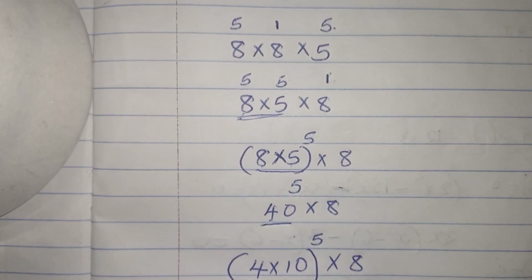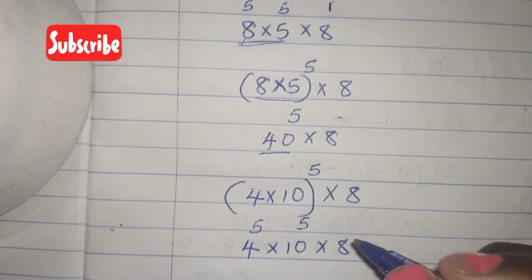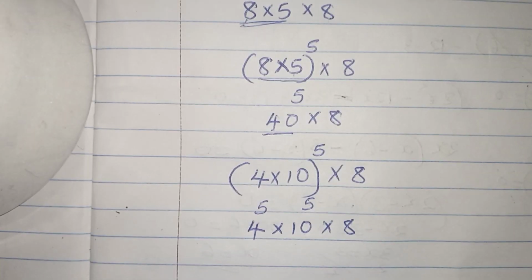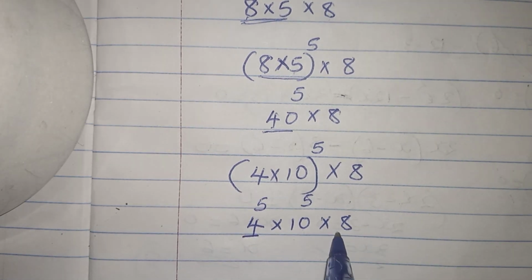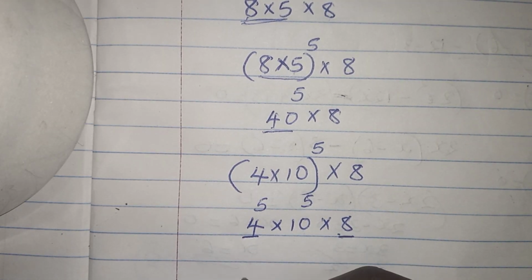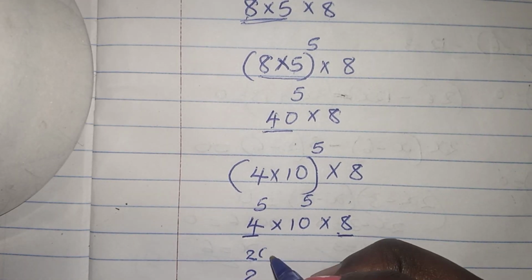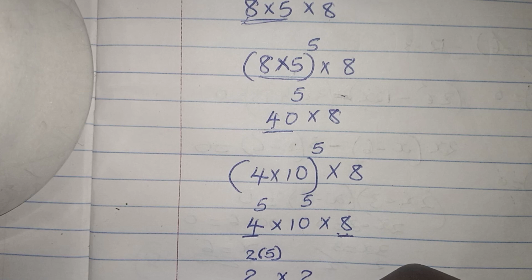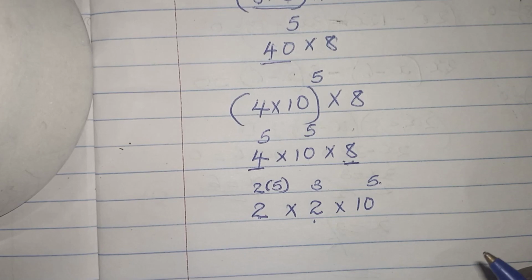So I'm going to write 4 to the power of 5 times 10 to the power of 5 times 8. 4 and 8, we can write them as 2 to the power of 2, which is 4, to the power of 5, times 2 to the power of 3, which is 8, times 10 to the power of 5, right?